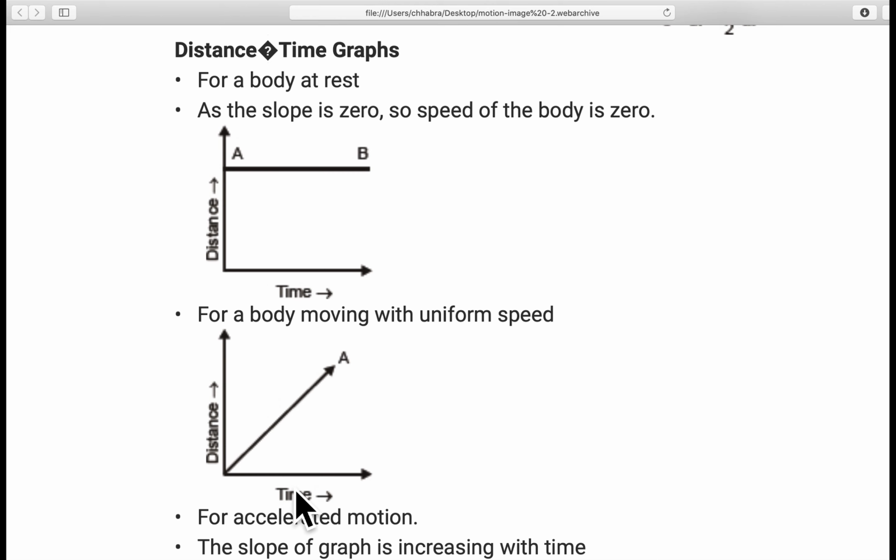In this, on x-axis time and on y-axis distance. And this line shows the uniform speed, means if time is increasing, distance is also increasing. And a straight line graph indicates uniform motion, means after some time the distance is increasing uniformly.